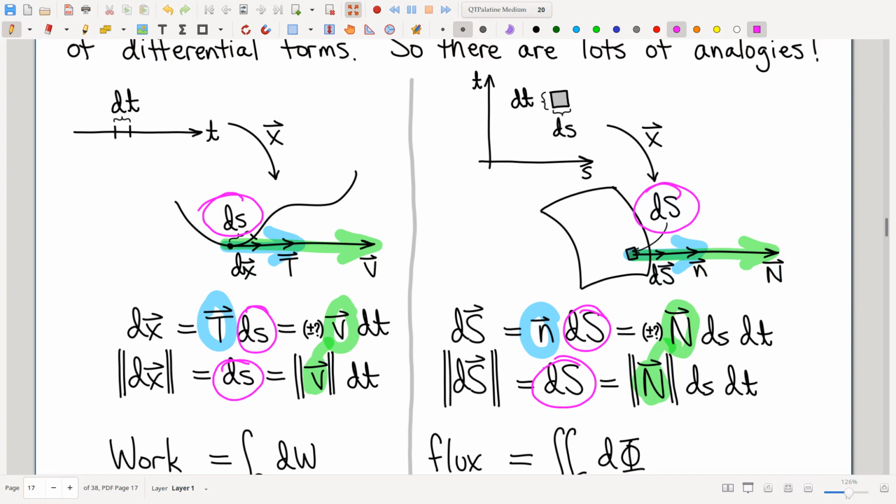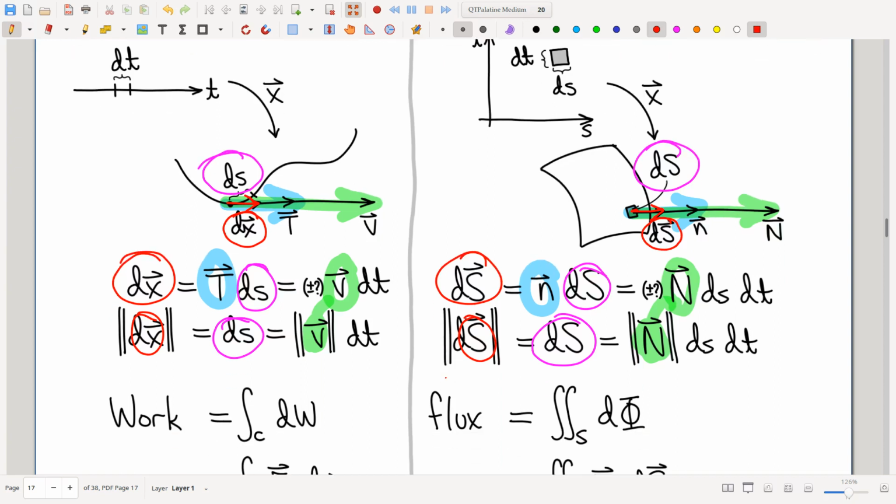And in both cases, I can take that size, length for the piece of curve, area for the piece of surface, multiply by the orientations, and infer the vector differentials, dx on the left, ds on the right, that fit in like so. And I think that is shocking.